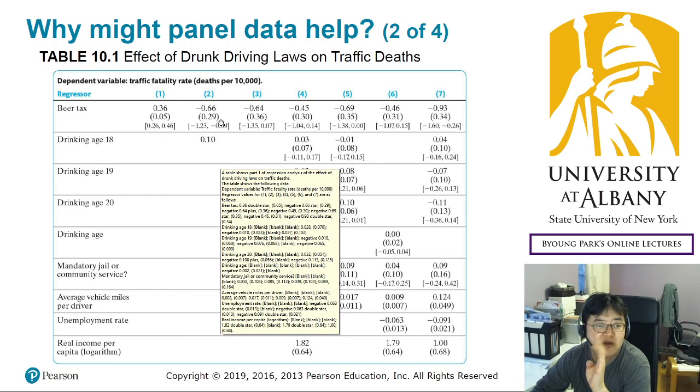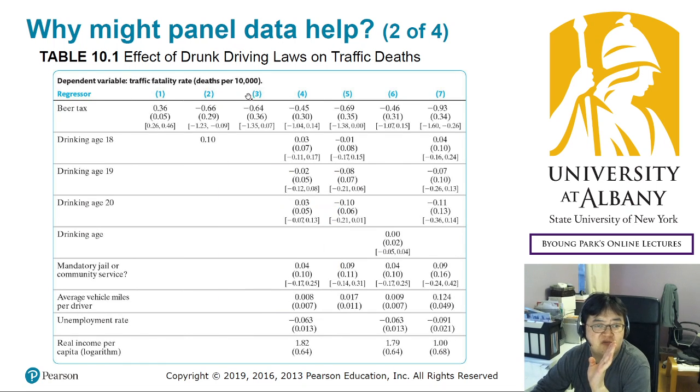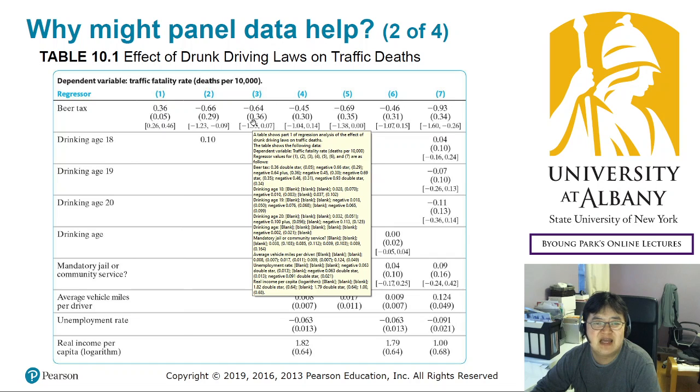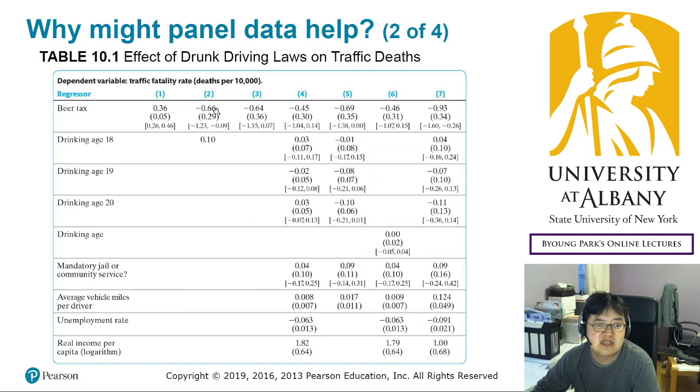They are important. But from number 2 to number 3, the change is not big, which means the difference between these two models is the time fixed effects. So year fixed effects are less important because the change is not big.